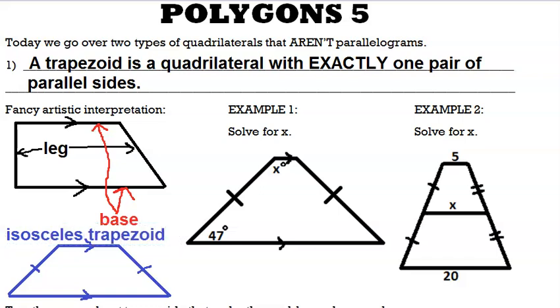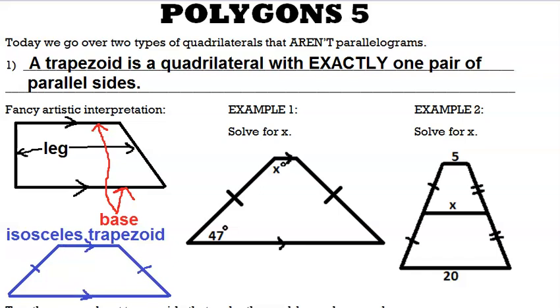And I think one of the ways that you can sort of visualize best why we call it an isosceles trapezoid is because if you were to take this and then extend the sides, there you go, you would have an isosceles triangle. So basically, if you can visualize an isosceles triangle, then you can also visualize an isosceles trapezoid.